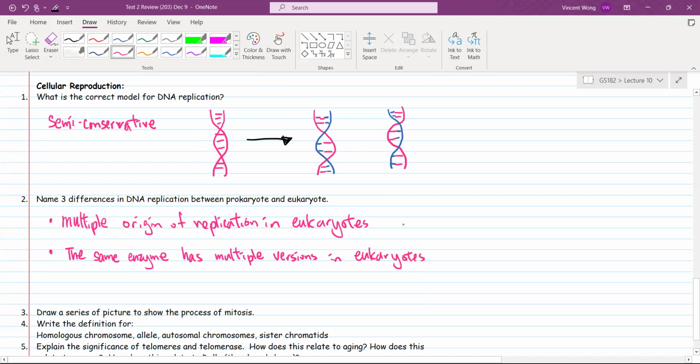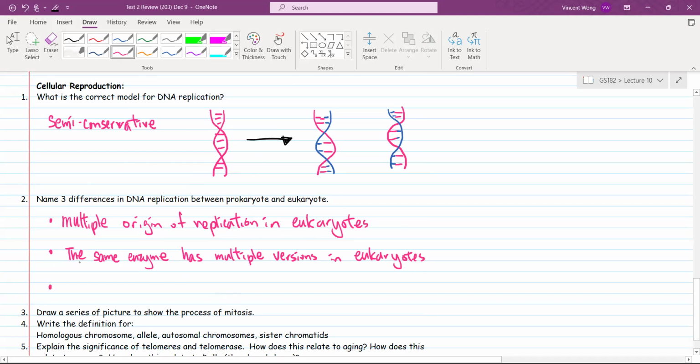Okay, so in prokaryotes, there are DNA polymerase 1 and 3, but then for eukaryotes, there are 5 different types of DNA polymerase. Right, so they do similar things, but there are just multiple versions of it.